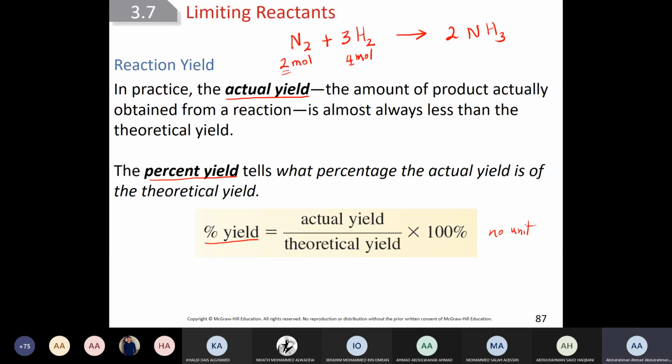And if I have 4 mole of hydrogen, how many moles of nitrogen do I need? 4 over 3, exactly, which is 1 1/3. How much will be excess? 2/3.